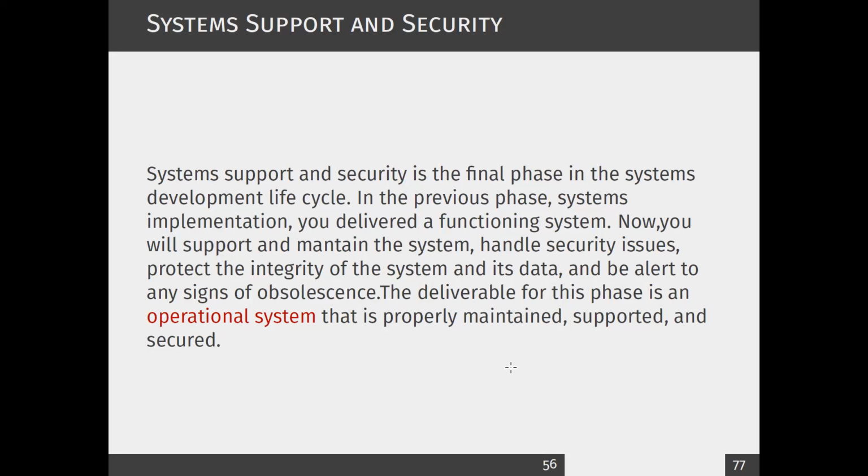You can say that it's the final phase of the development cycle, and you will get a fully functional system, right? So there are a few things you can focus on. You can focus on security issues, protecting the integrity of the system and data, and any signs of obsolescence, which means after some time you have to throw the software away and start from the beginning, right?